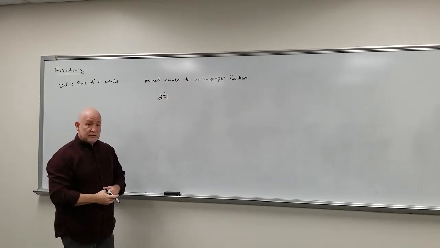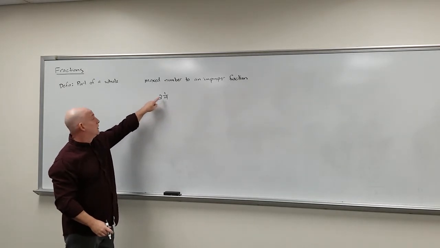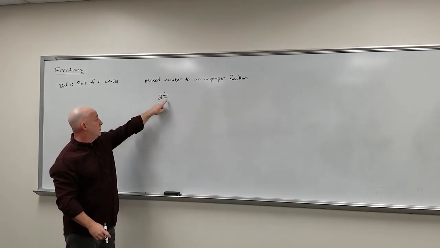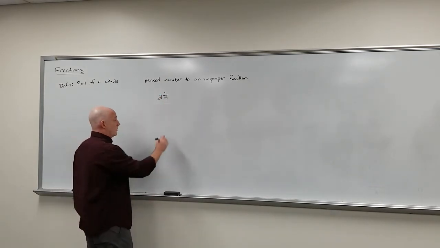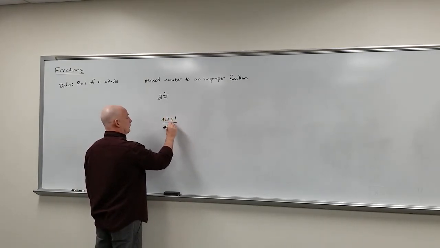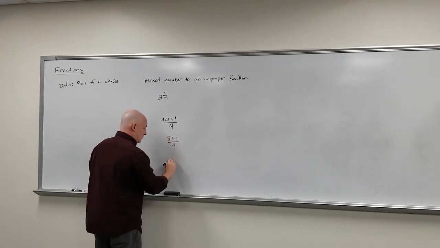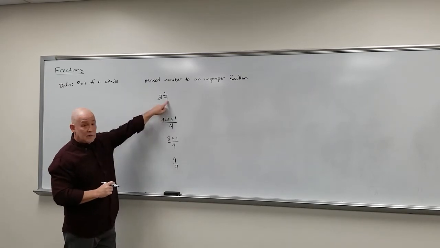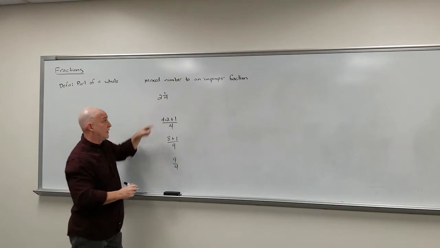Now this is really just a multiply and add, and I'll write this out in a second. You take the denominator times the whole number and add the numerator. So we do 4 times 2 plus 1, and it stays over 4. Of course, that's 8 plus 1 over 4, or 9/4. So denominator times whole number plus numerator all over denominator.